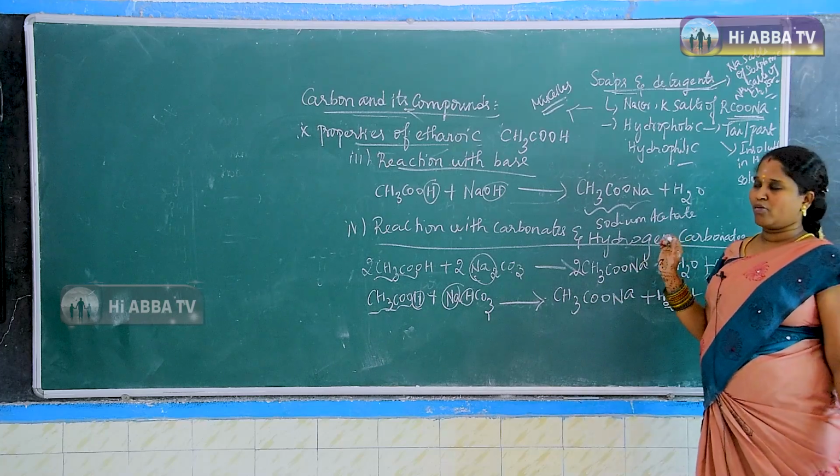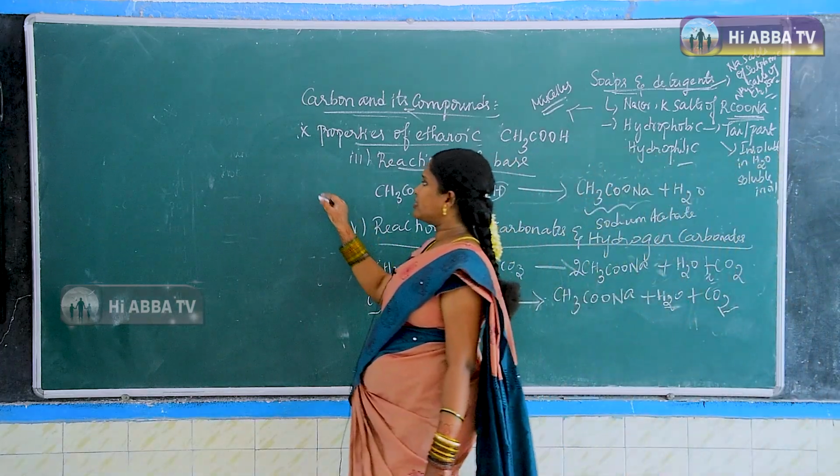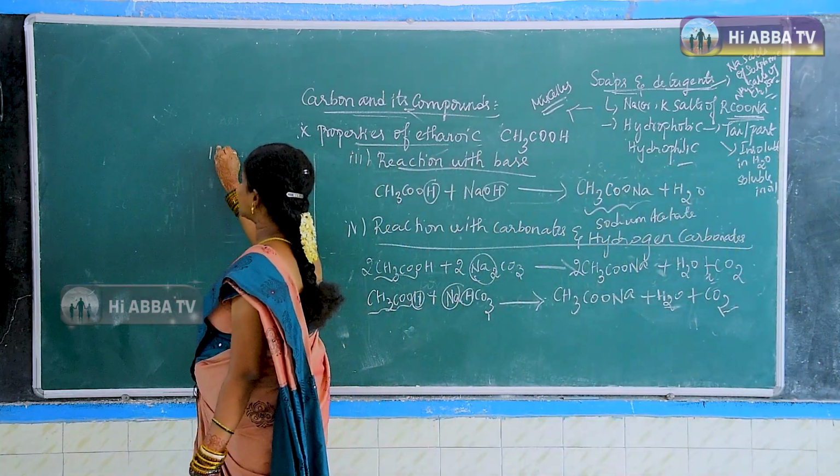So these are the main important whole gist of the chapter called carbon and its compounds. And one more thing I forgot to tell, what is a homologous series?